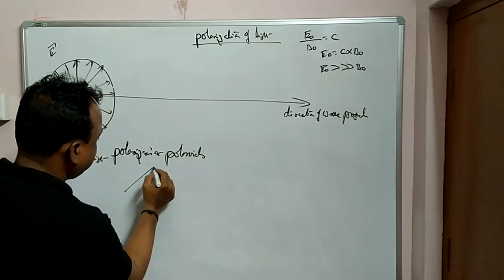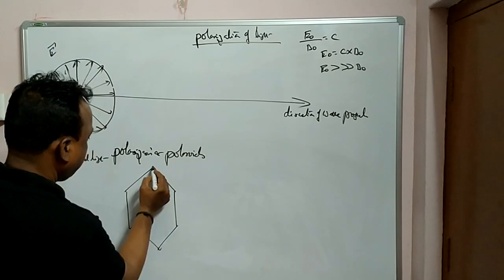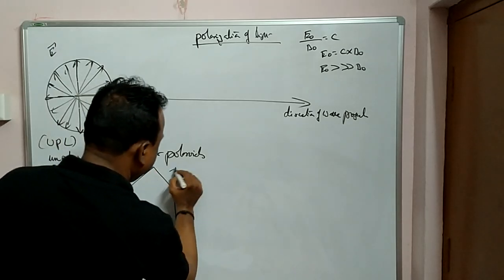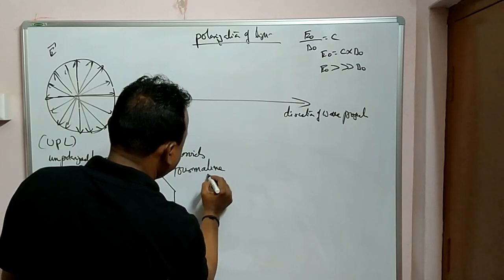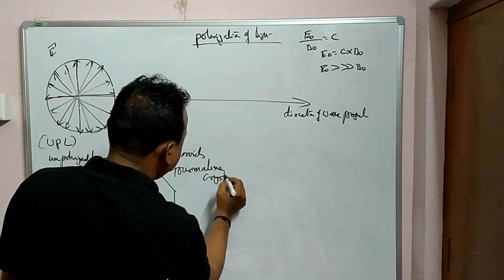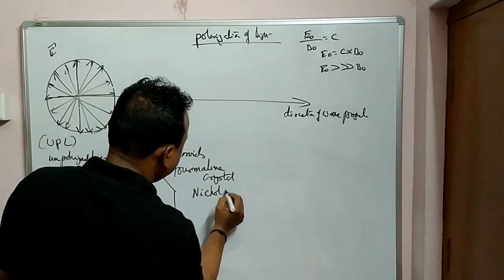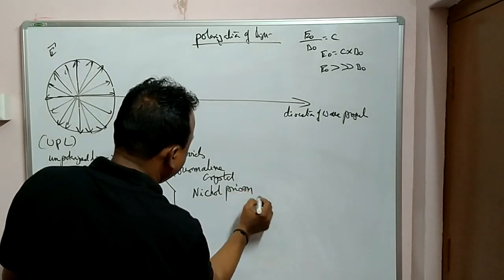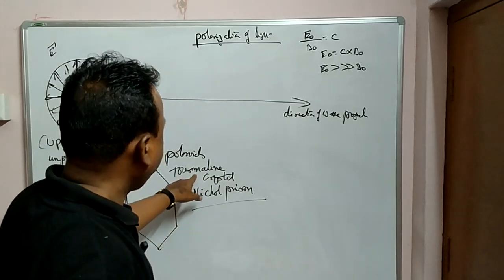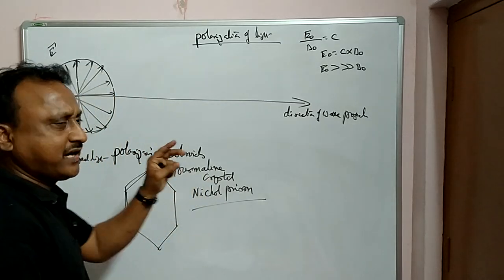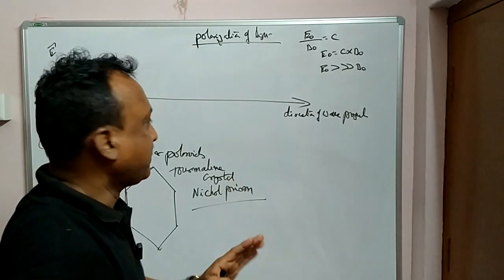Like you can see, this is a tourmaline crystal, which is used as a polarizer crystal, or sometimes a Nicol prism. These are specially made, used as polarizers. They will be filtering the light.